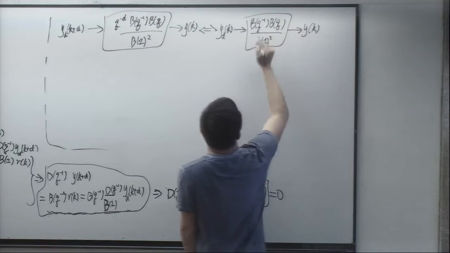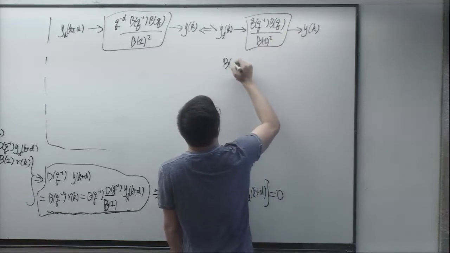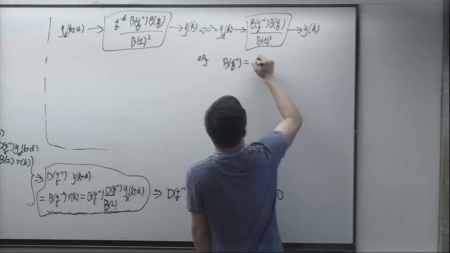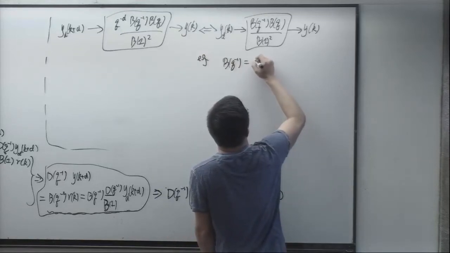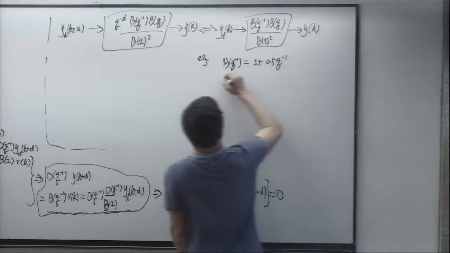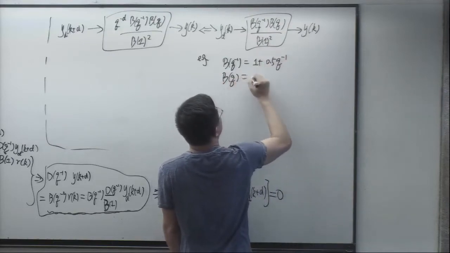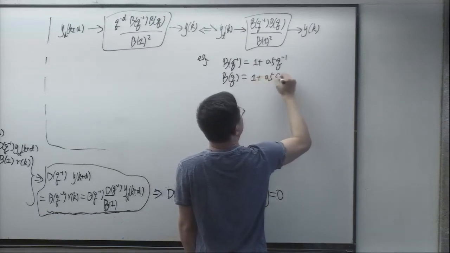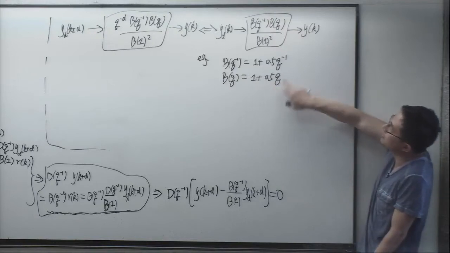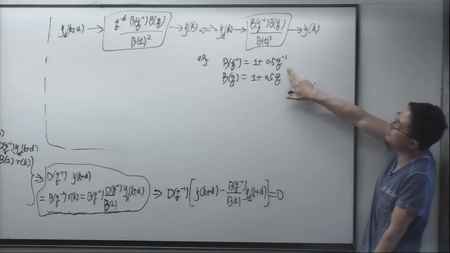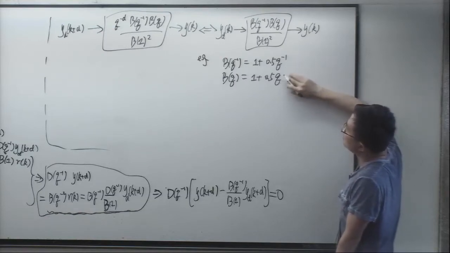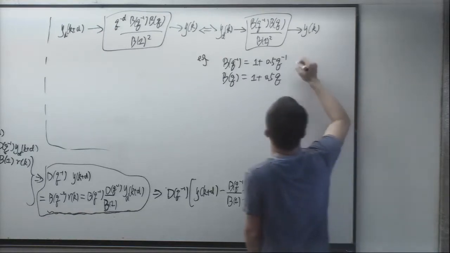Okay, so here you can see that as example, B Q, let's say this is 1 plus 0.5 Q inverse, and then B Q is 1 plus 0.5 Q. The frequency response of these two, they are always complex conjugate of each other.